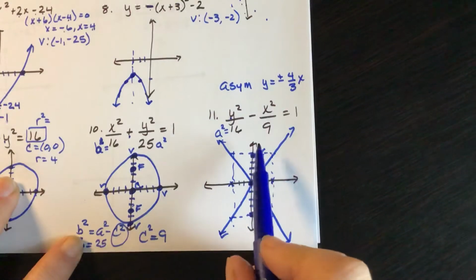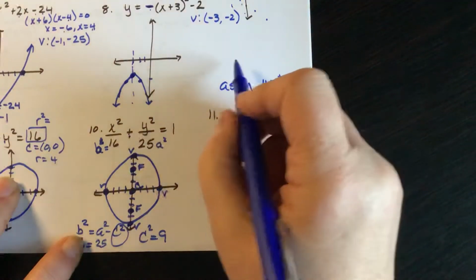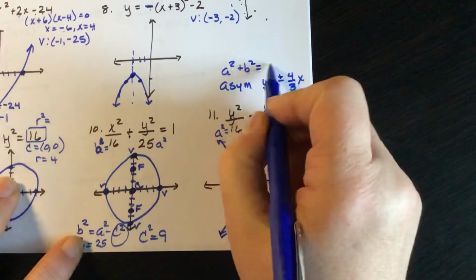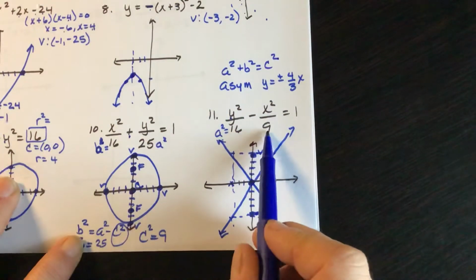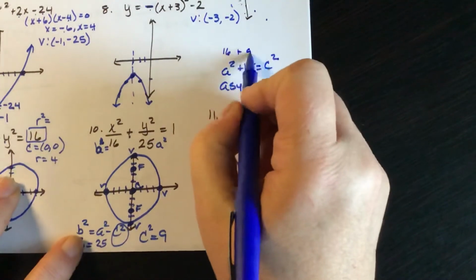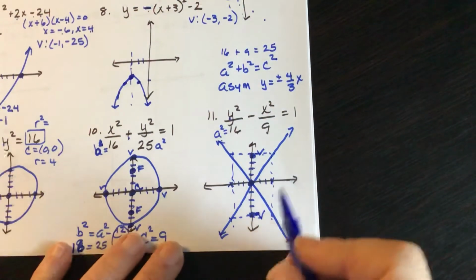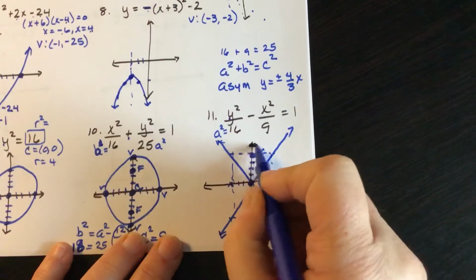Now I also need my foci, and that comes from the equation a squared plus b squared equals c squared. So I have 16 plus 9 is 25, so my c value is 5 units away from the center. 1, 2, 3, 4, 5.